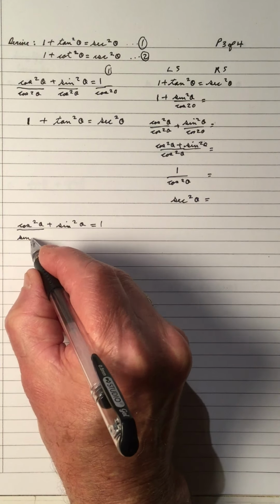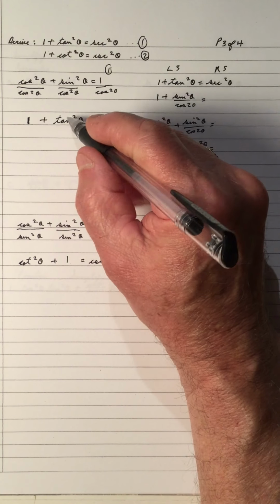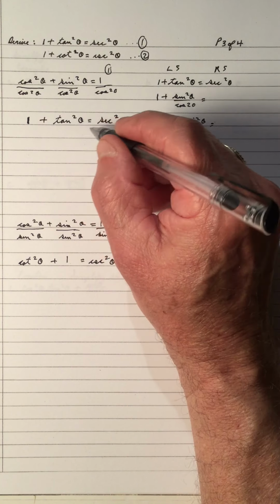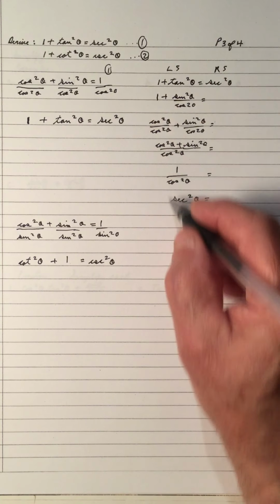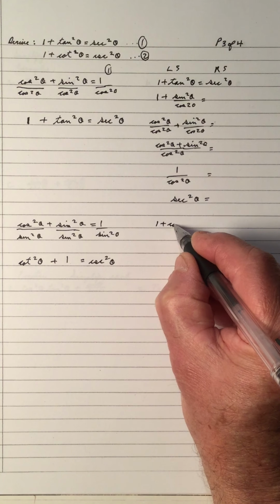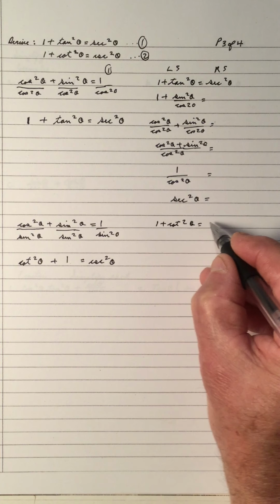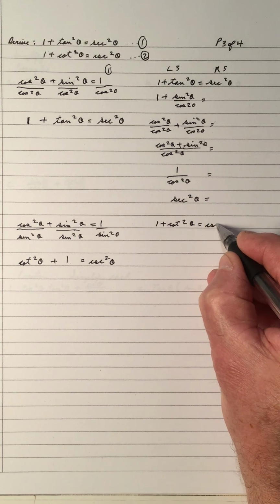And 1 over sine is cosecant. Because it's a square, then it's cosecant squared. And so tan is sine over cosine, and cot is cos over sine. That's one way. Again, another way to do it is to do what I did up here. Go 1 plus cot squared theta equals, and that's cosecant squared theta.